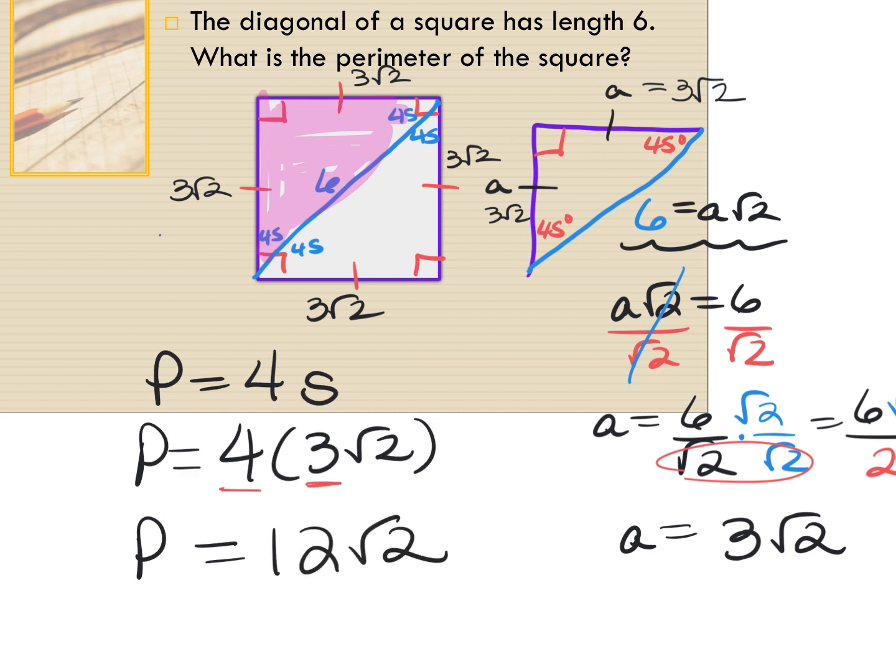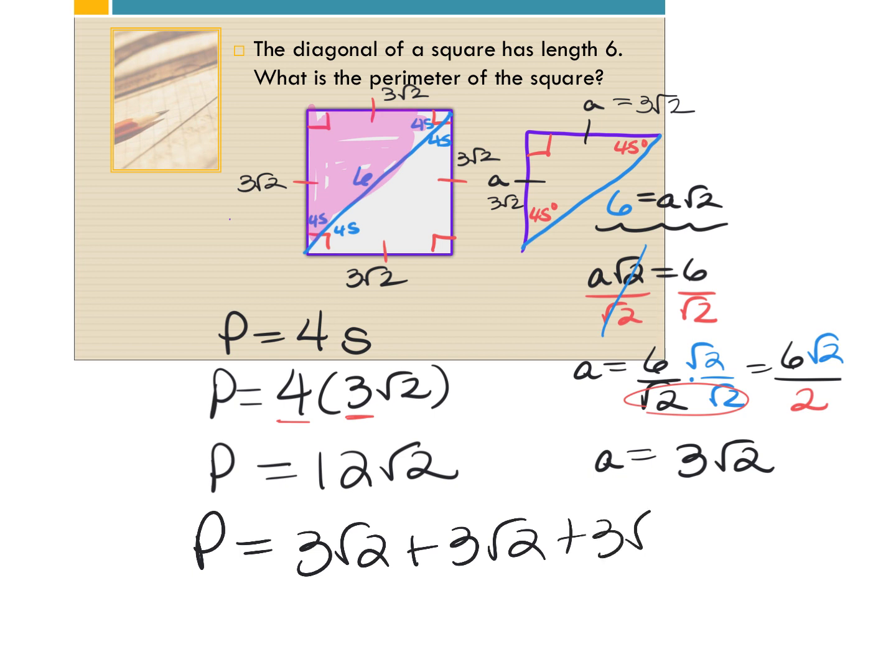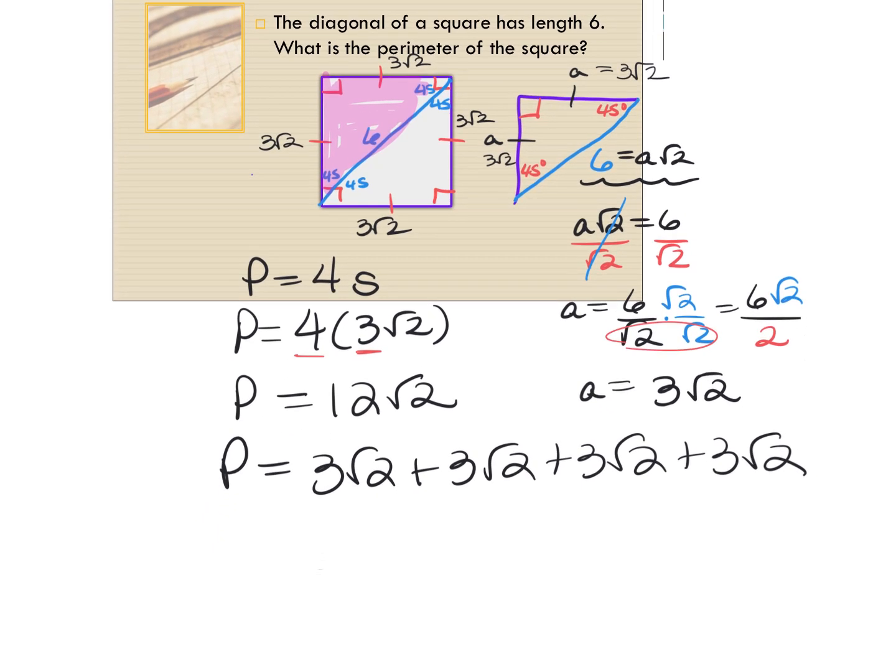Now, the other way that you could have calculated the perimeter is add up all the sides. So you could have also done 3 square root 2 plus 3 square root 2, plus 3 square root 2, plus 3 square root 2. Whenever you add numbers that have a square root in them, treat the square root like a variable. You don't add what's under the radical, you just add the coefficients.